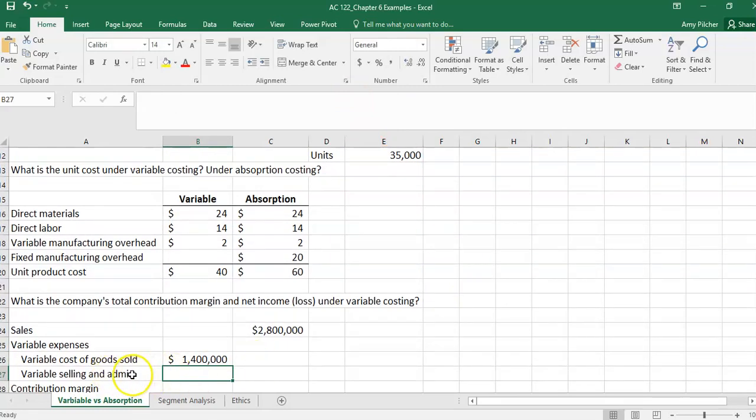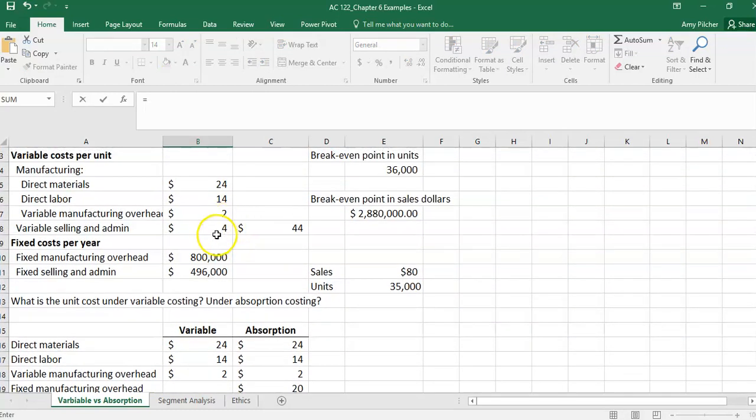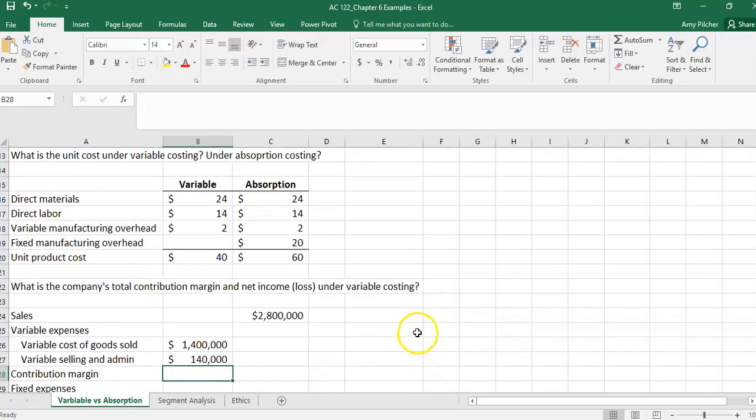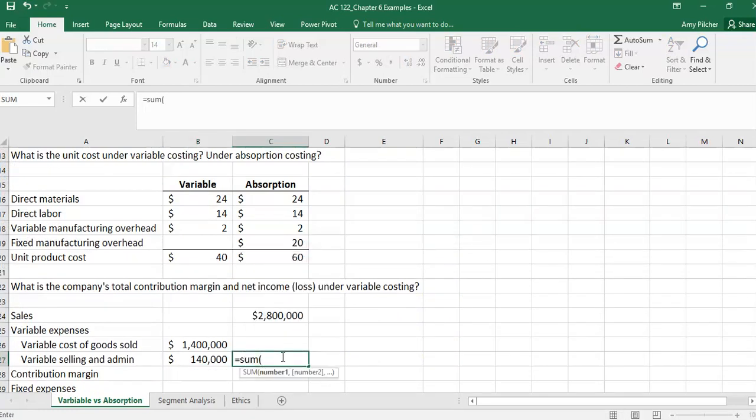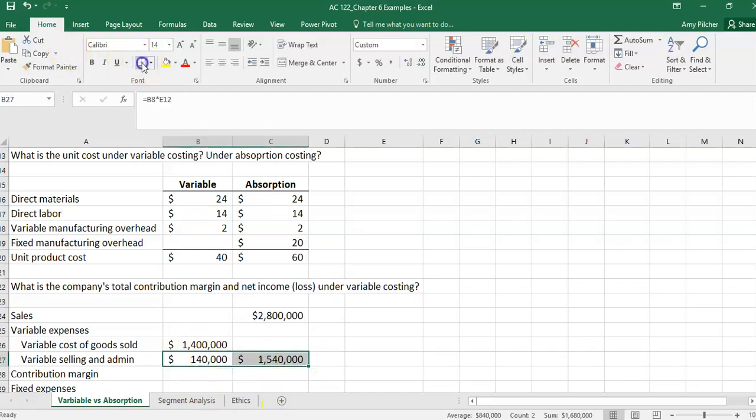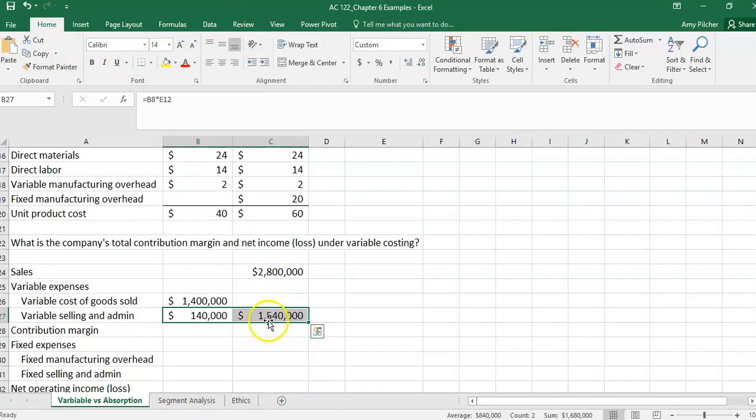And our variable selling and administrative costs is the $4 variable selling and administration amount times the number of units we sold. So $4 times 35,000. Our total variable costs, we add them together. And then our contribution margin is our sales minus total variable costs.